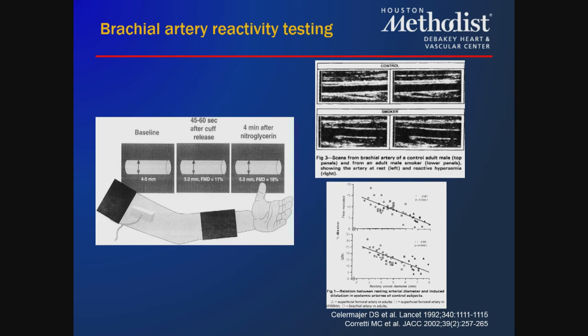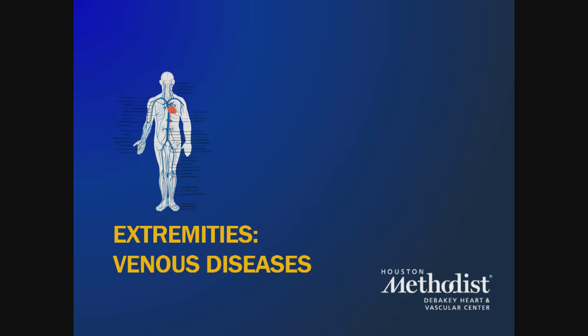This lets you gauge an idea of how much nitric oxide reactivity there is, and that's a measure of vascular health. It's kind of a corollary to carotid IMT in a way, if you will. So patients who don't react, who don't dilate up their artery, may have a sign of impaired endothelial function. Okay. So moving on from the arteries to the veins.